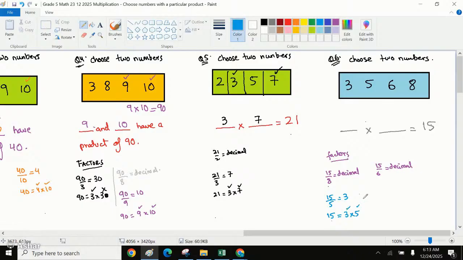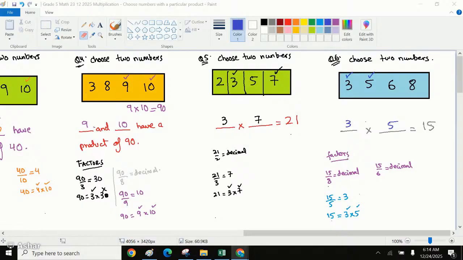And we have both of these as the options in the answer, 3 and 5. So we can say 3 multiplied by 5 would be equal to 15, right? So what we needed to see was what numbers can be multiplied to get to a 15. That means 3 multiplied by 5 is 15. Okay, thank you. Yes, that is correct.